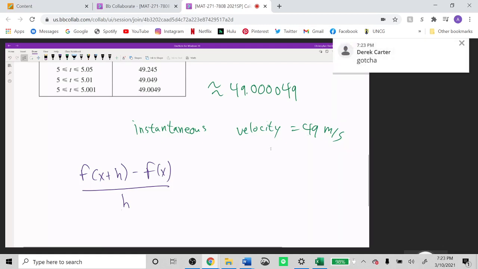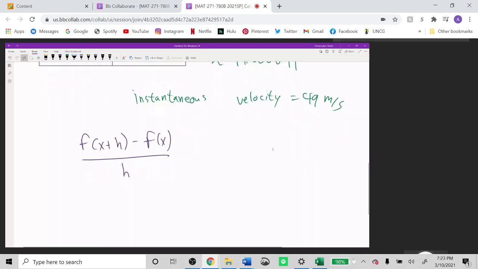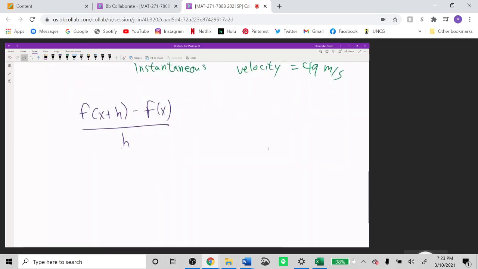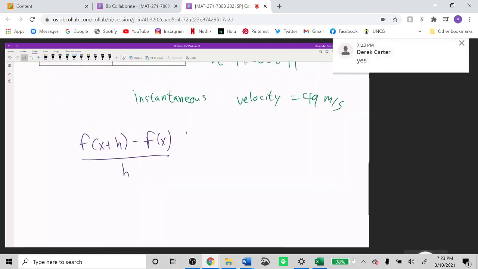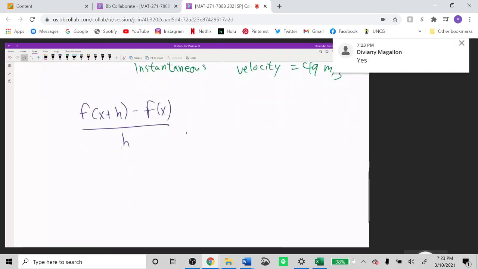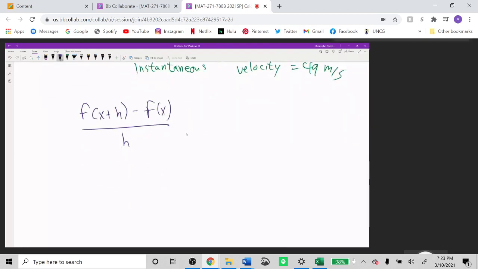Do we recall the difference quotient from before? This f of x plus h minus f of x all over h. It seems like we're adding an arbitrary length of time to this 5 seconds, right? Essentially, we have 2 points, right?